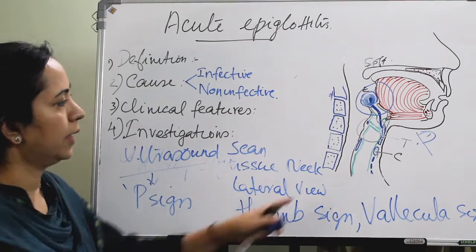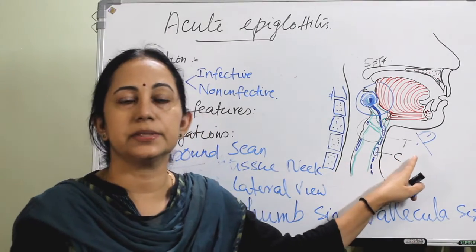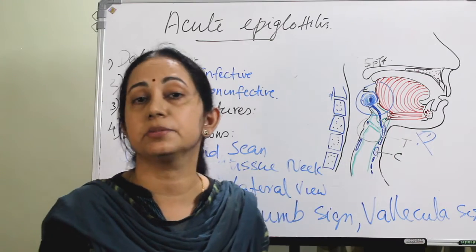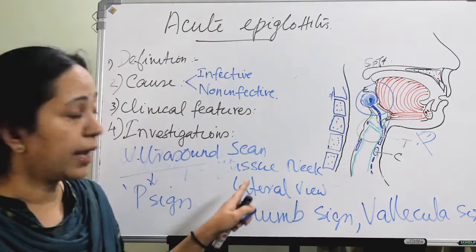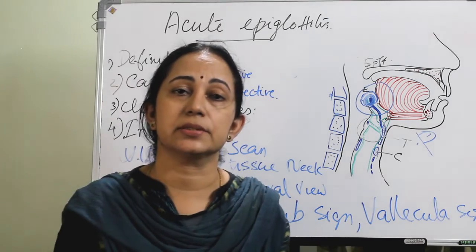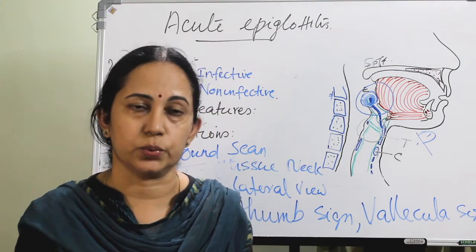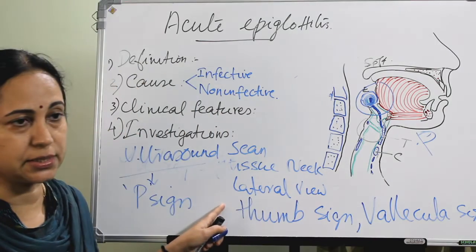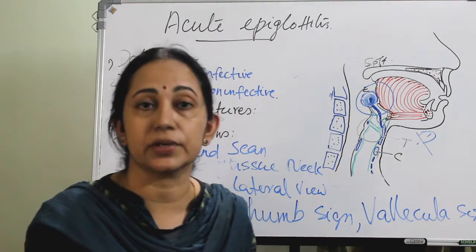Okay, and if you suspect any complications, you can take a CT scan also. Okay, what are the complications? We will discuss later. Okay, so these are the investigations, and after investigation comes the differential diagnosis.